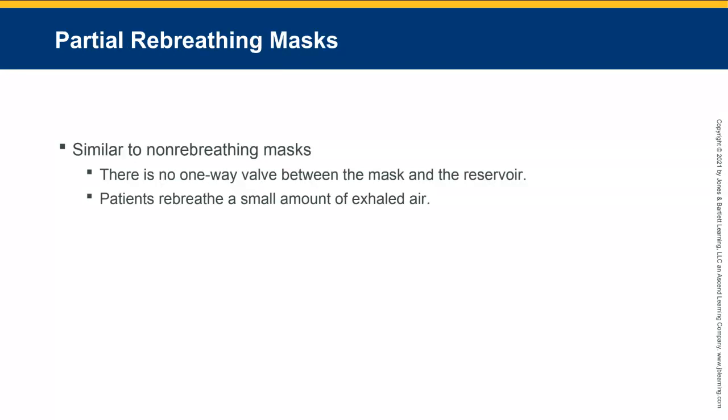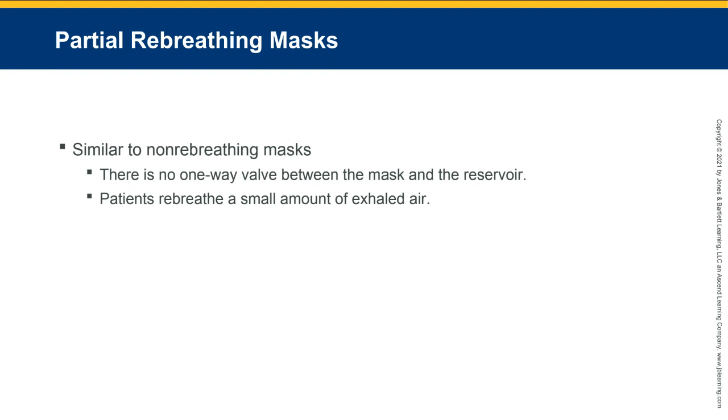Now, the partial rebreathing mask. It's similar to a non-rebreather, so it's a high flow device. There is no one-way valve between the mask and the reservoir. The non-rebreather mask has a one-way valve, so the patient is only getting oxygen, right? With the partial rebreather, there is an opening that allows atmospheric air to mix with the gas that the patient is inhaling.